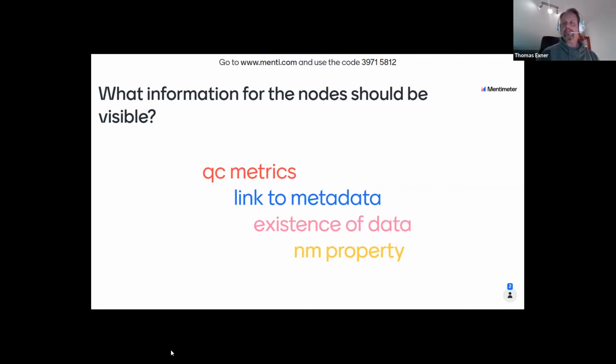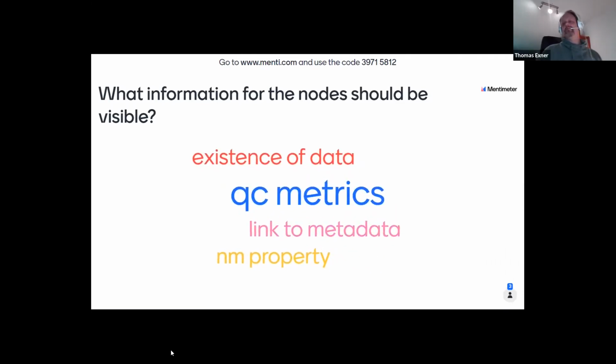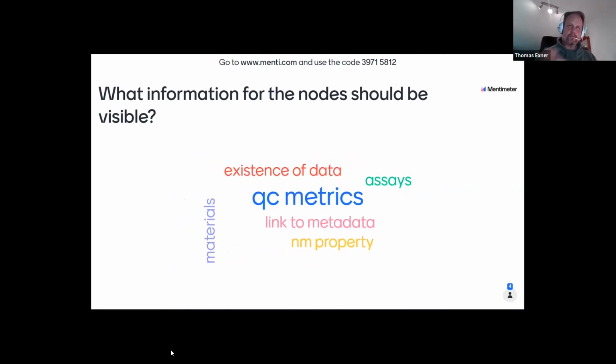Nanomaterial properties, a very complex thing. Just to mention, probably some of you heard about our INCI identifier, where we try to put a lot of data or properties into a string.